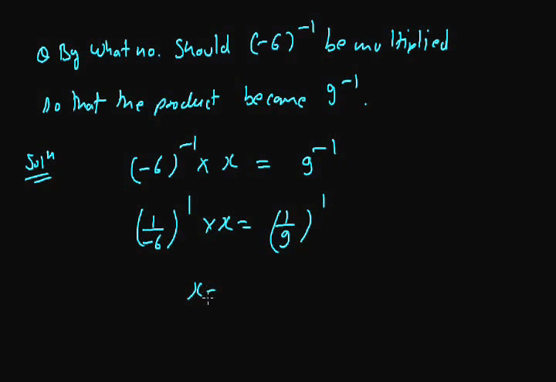So x is equal to 1 by 9, and 1 by minus 6 when we shift to the left hand side becomes minus 6 by 1. So x is equal to minus 6 by 9; 9 and 6 get cancelled by 3 times, leaving minus 2 by 3. So the answer is minus 2 by 3.